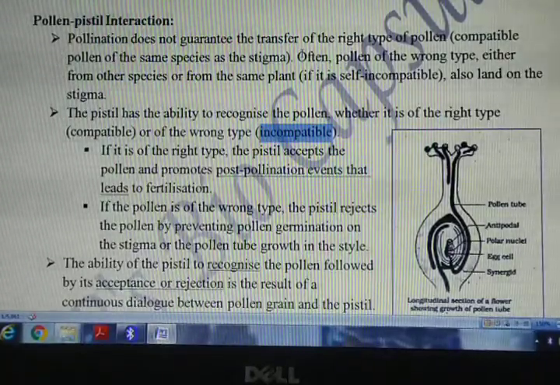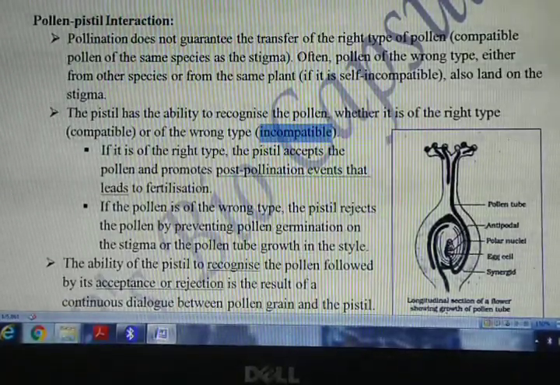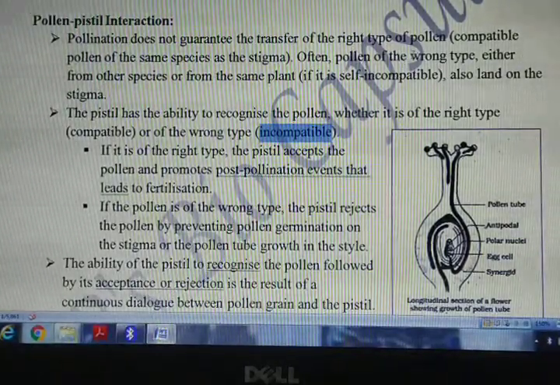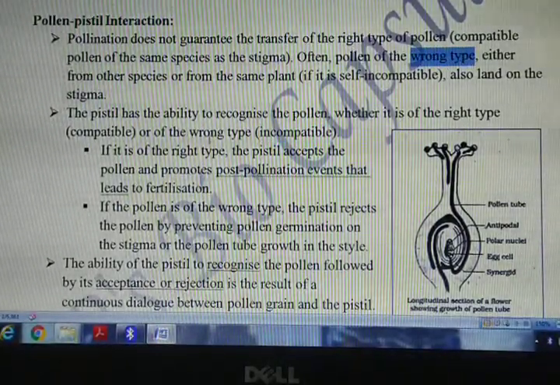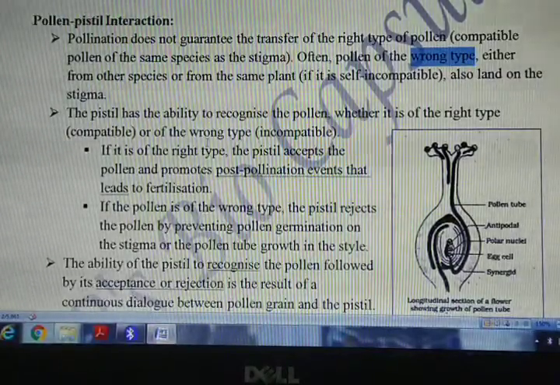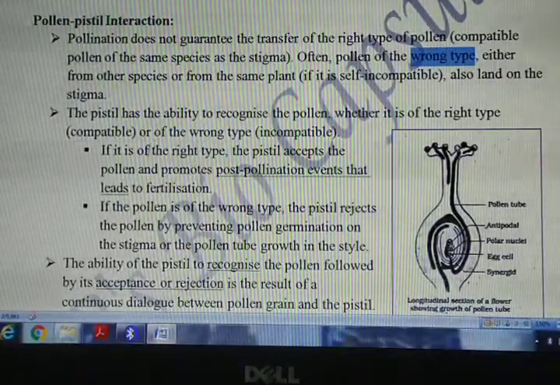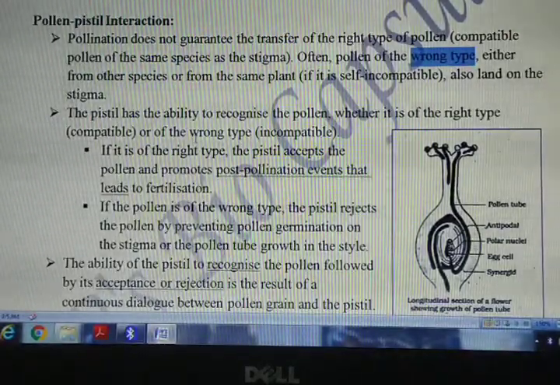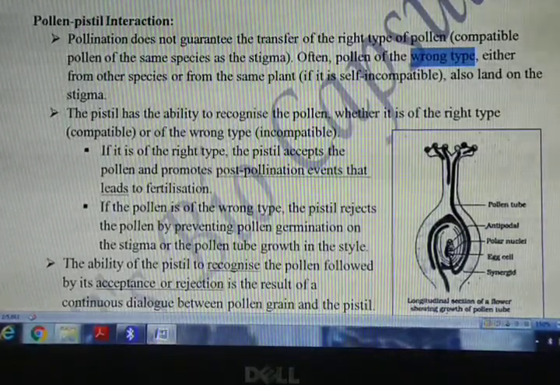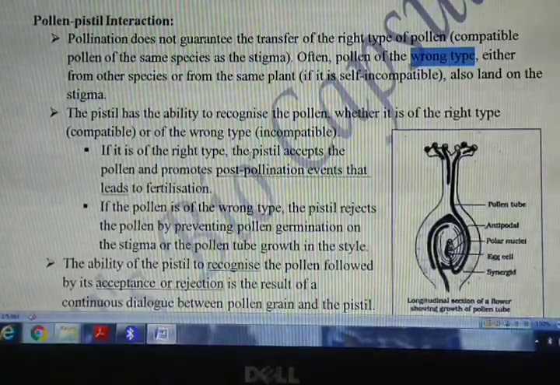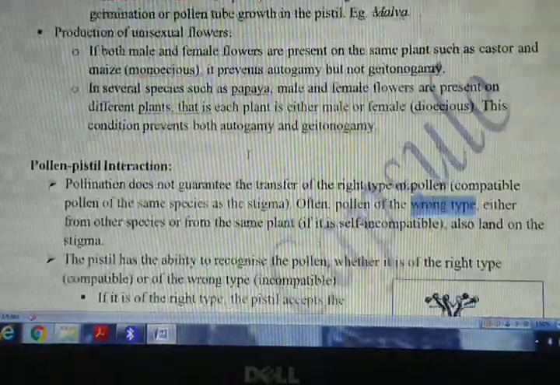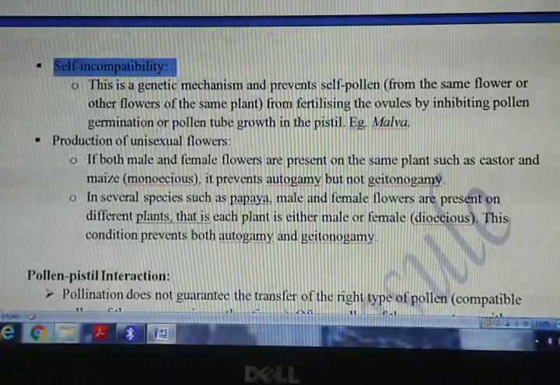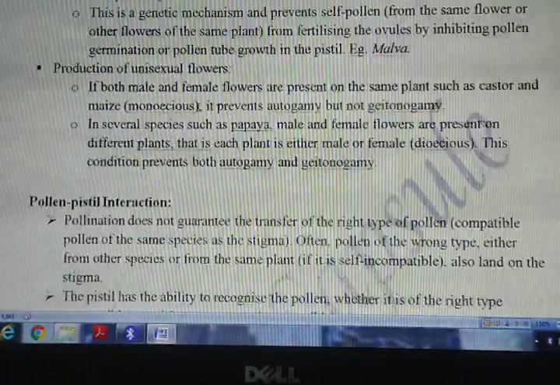Now here often what happens, pollen grain of the wrong type also reaches onto the stigma. Means what? Wrong type over here we can refer to as what? Pollen of different species can reach onto the stigma of another species, and then that will be called incompatible. In an earlier topic we also discussed self incompatibility. Self incompatibility means what?